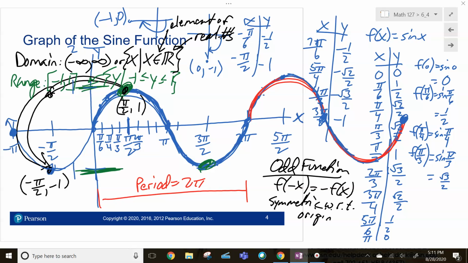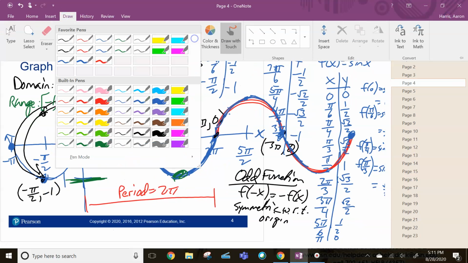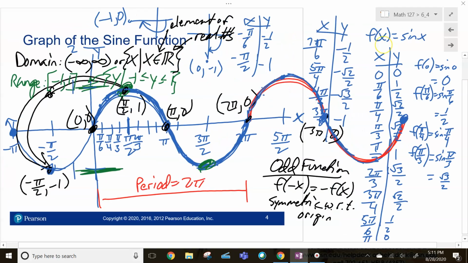Notice our intercepts. 0, 0 is an x-intercept. Pi, 0 is another intercept. Here are our intercepts: 2 pi, comma 0. We could go on. 3 pi, comma 0, some more intercepts on there, and so on. And where are your maximums? You do those in red here. Here's a max, pi over 2, 1.